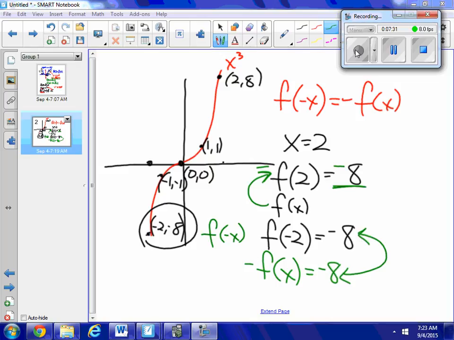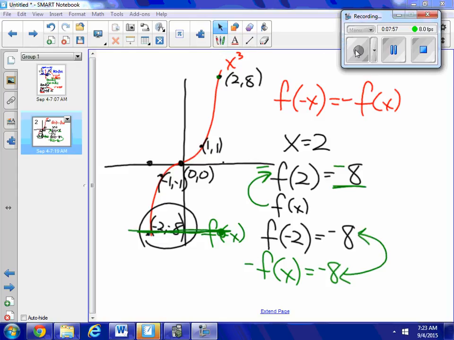You can kind of see it graphically too. Here is f of x. If I take that and I make it negative, I'm moving it down here. And that y value, that negative f of x, is the same y value as my f of negative x.